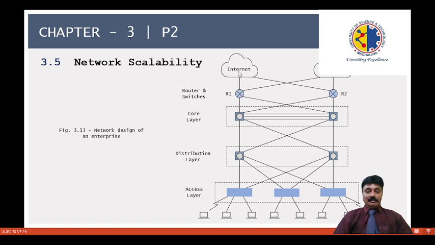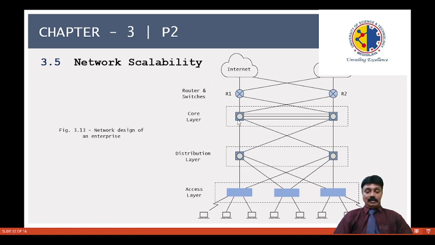For example, from the internet, R1 and R2 can access one internet server and another internet server, and the same R1, R2 will access the services at the same time by a service provider.